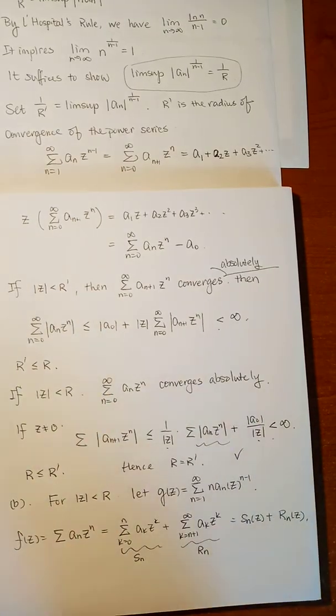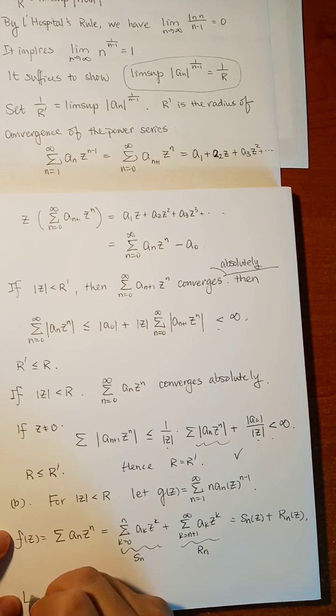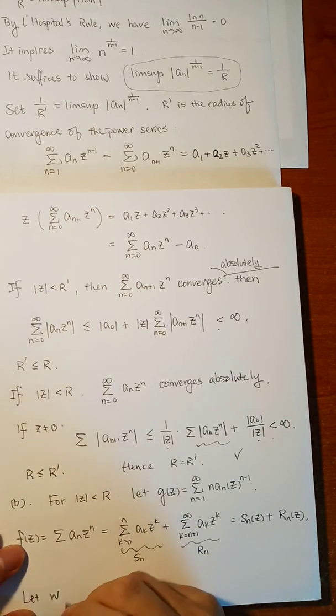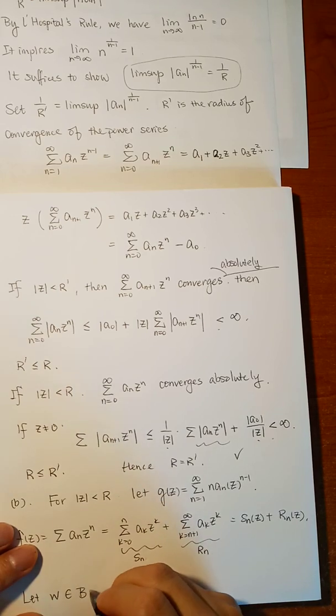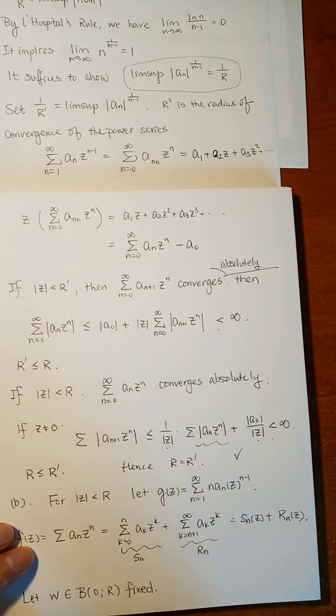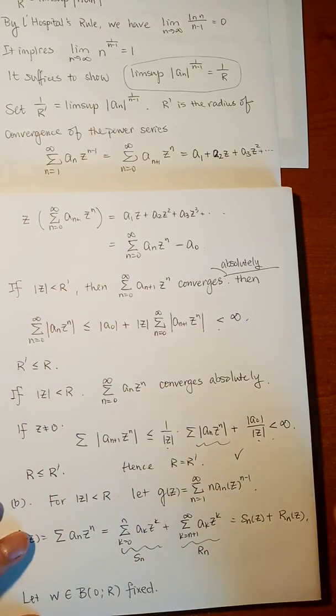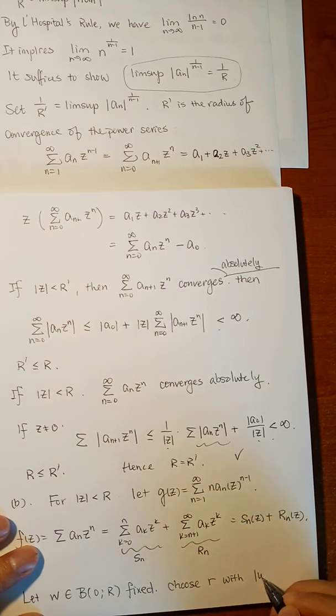Okay, so we break them up. Now let w be in the ball centered at 0 with radius r, fixed. Fix it. And choose r with absolute value of w less than r less than capital R.